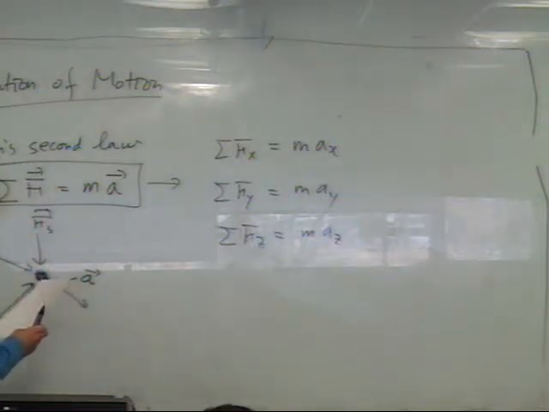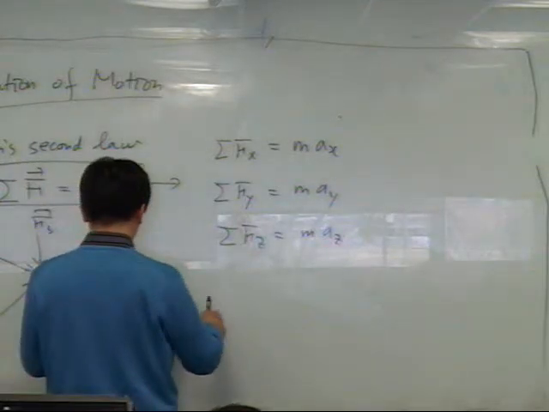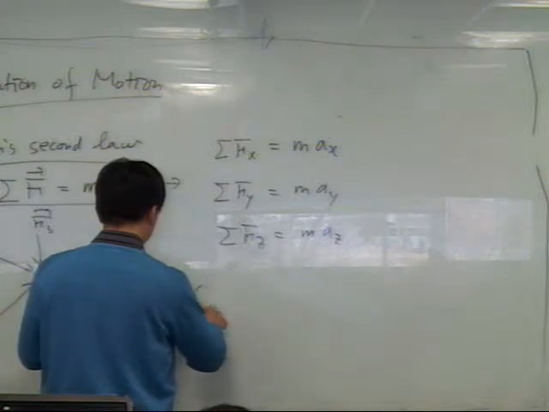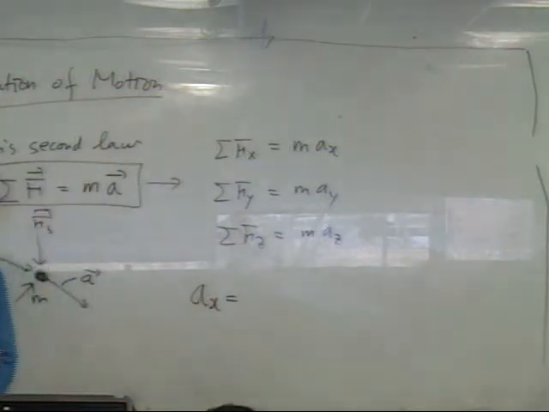Then let me calculate the acceleration in the x direction. We are saying u is the velocity in the x direction. To calculate the acceleration, we need to take the derivative with respect to time, right?